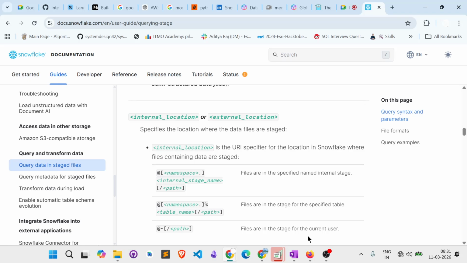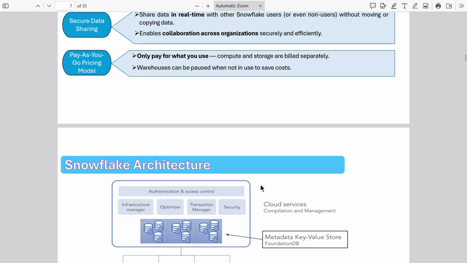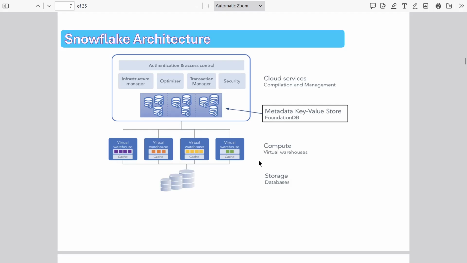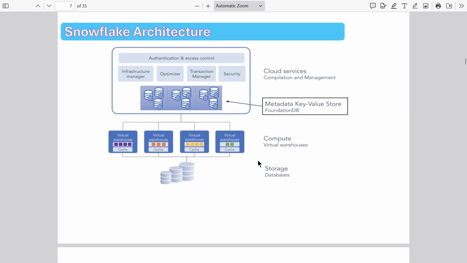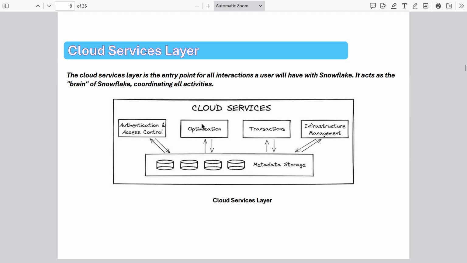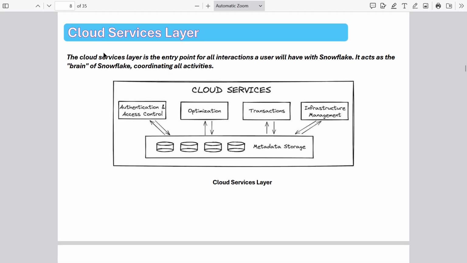So now coming to our topic again, architecture. I hope you got a good understanding of this architecture, like the three layers of Snowflake. First, the cloud service layer. The cloud service layer is the entry point for all interactions a user will have with Snowflake.